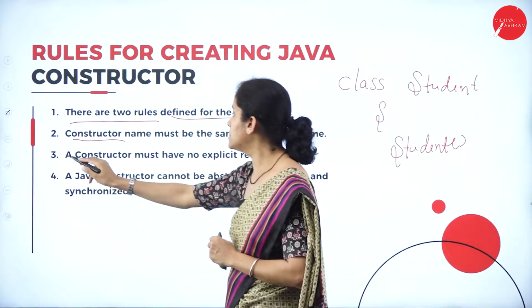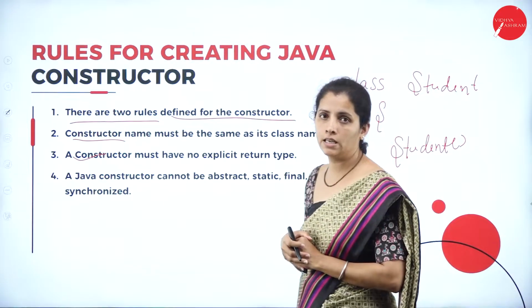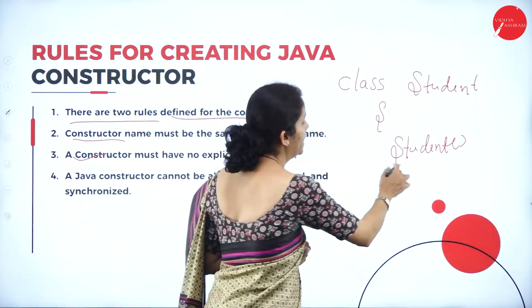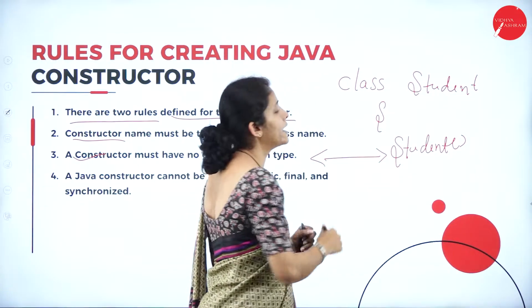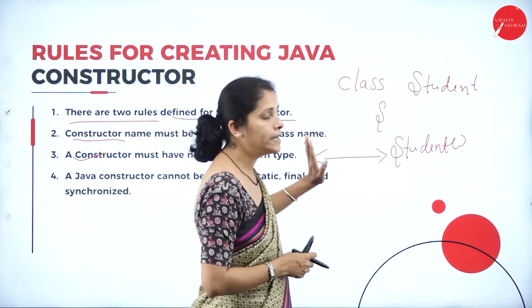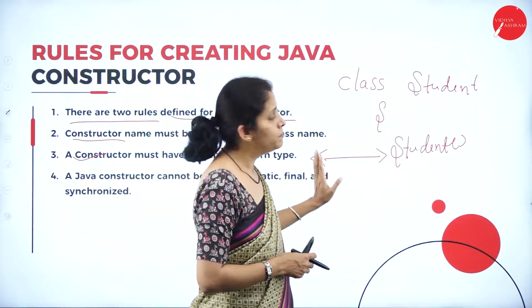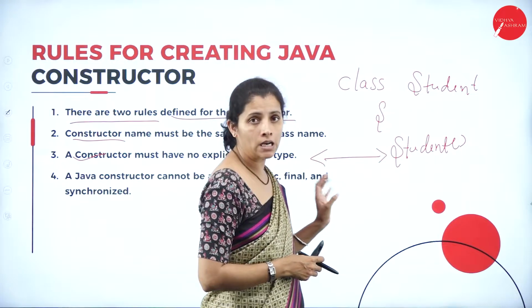Now, a constructor must have no explicit return type. That means while writing a constructor, I'm not going to specify any return type. But my method name must be the same as my class name.